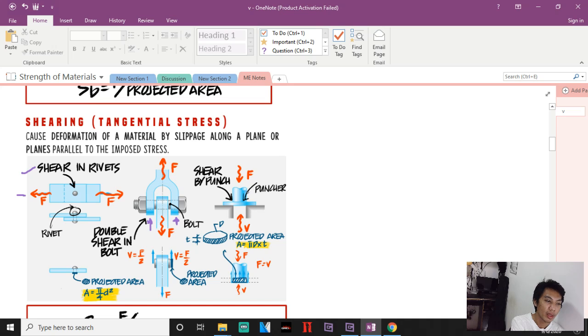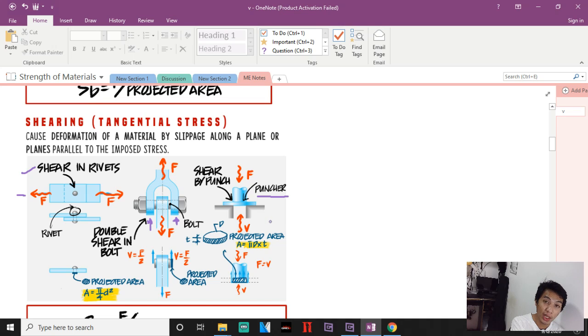Okay? Now, for punch, ano ba yung punch? Shearing, puncher. Okay? Shearing pa rin yun. Okay? Ang gagamitin mo dyan, depende kapag sinabing puncher, pag sinabing clevis, ito kasi clevis to, double shear. Ito naman, in rivets, double shear. Okay?